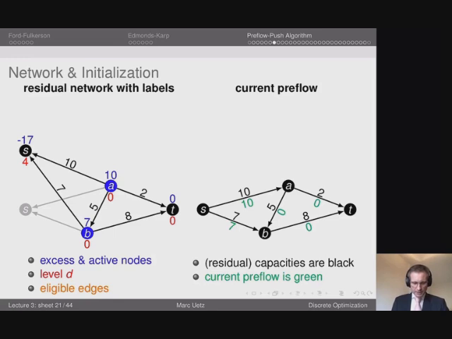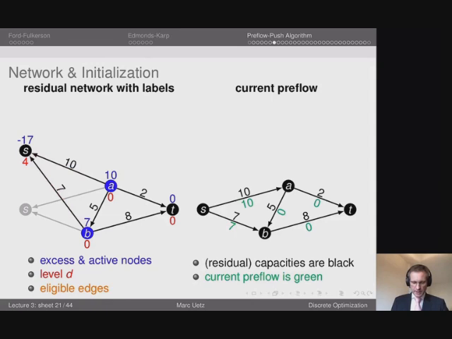the labels that are defined, so having S with label 4 and levels 0 elsewhere, that is a feasible labeling of this height, or the feasible height function, because I have pushed the maximum amount from S to A and S to B. These edges are no longer present in the residual graph, only the backward edges are now present in the residual graph.